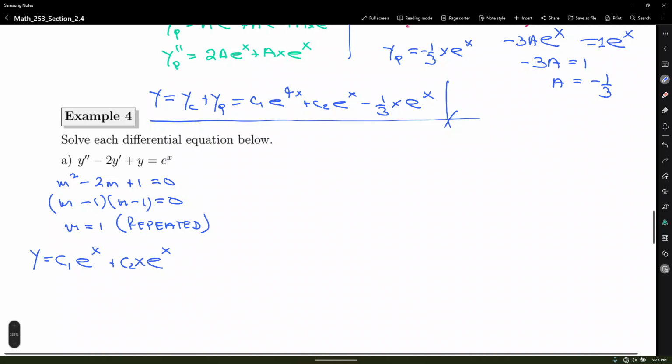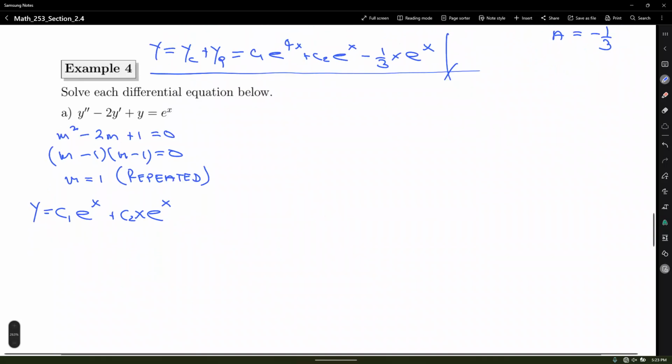Now let's have a look at the form of y_p. Do you guys agree that we have again the same exponential function, e^x? So y_p equals ae^x at first glance, but do you agree this ae^x is a duplicate of the first term in our homogeneous solution?